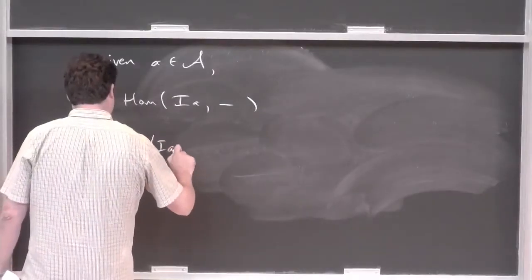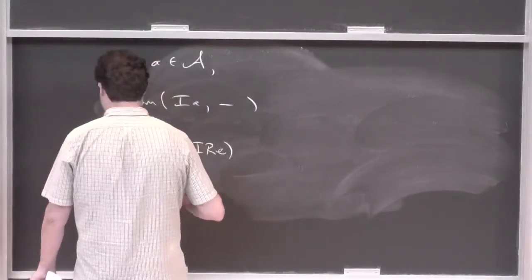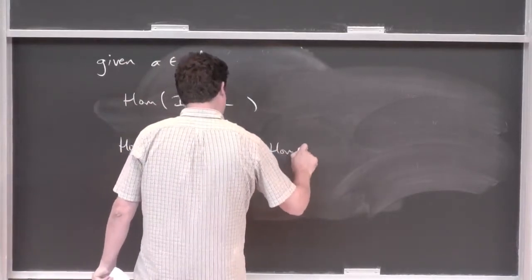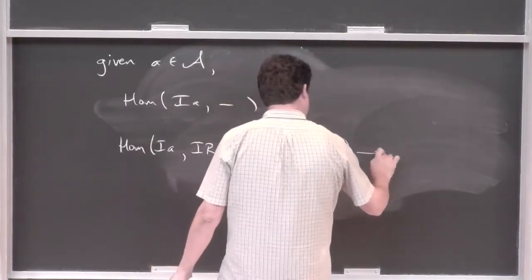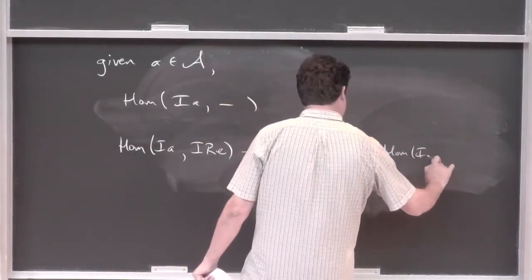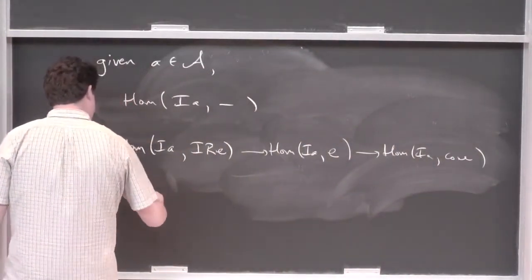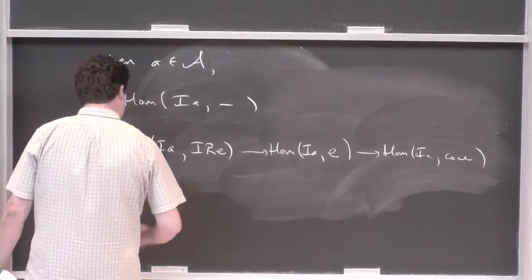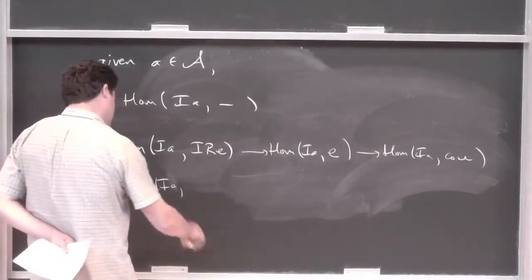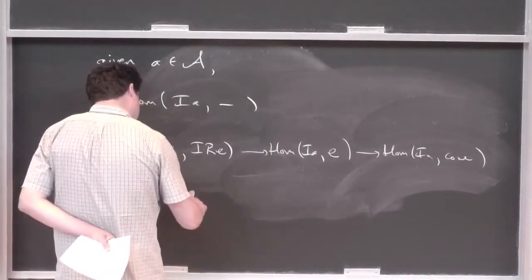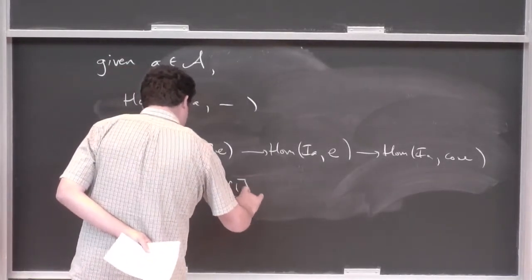Hom from IA to IRE goes to Hom from IA to E, goes to Hom from IA to the cone, and it continues. IA to this is X1, right?